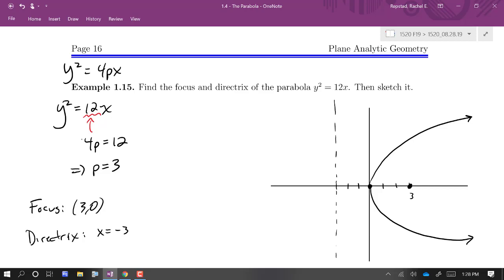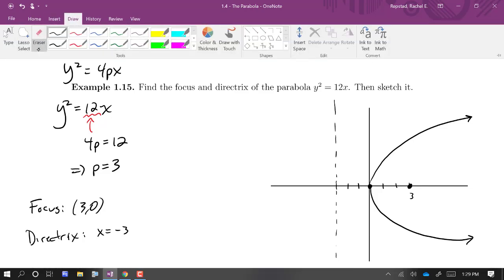We can get a sense for that. If I plug in x equals 1, then we get y squared equals... you know what I'm going to do? Hold on. Just because it makes the arithmetic easier, if x is 3, then we get y squared is 36. So this probably opens pretty wide then.